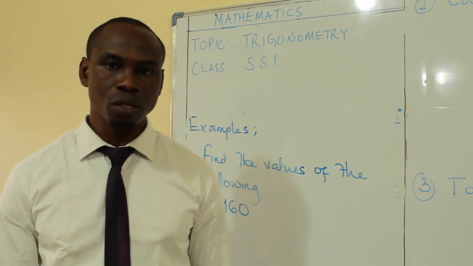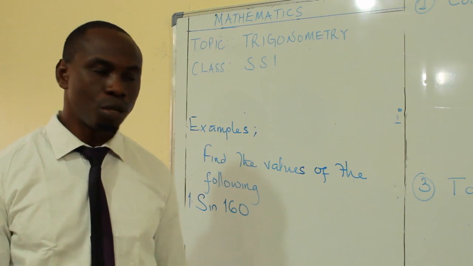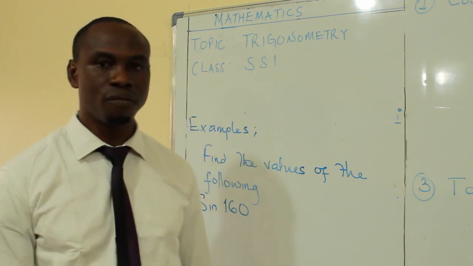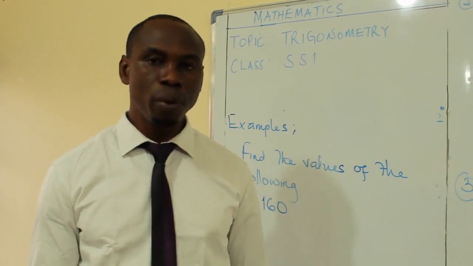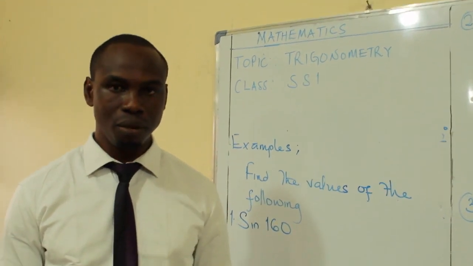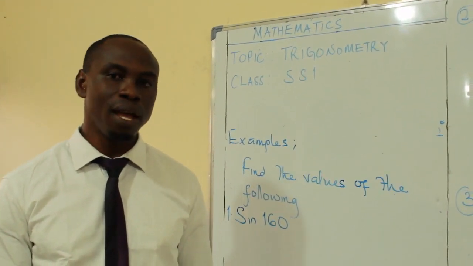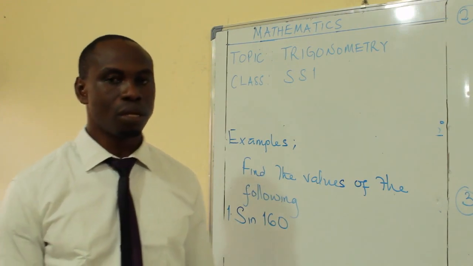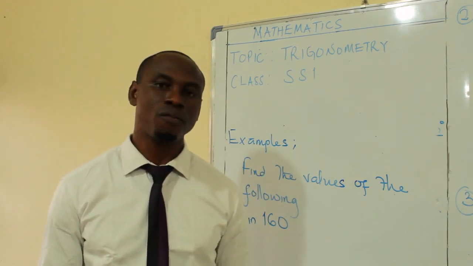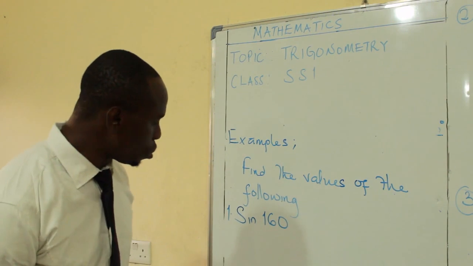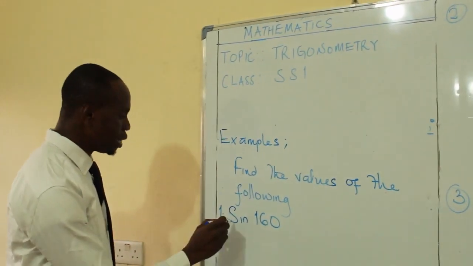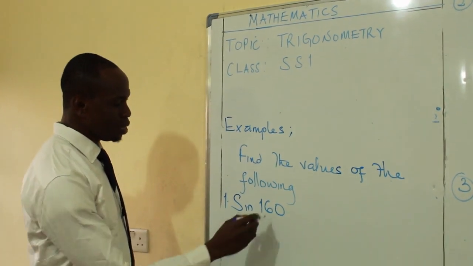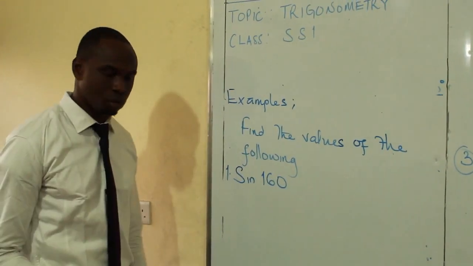But in the absence of a calculator, how do I find the value of sine 160 degrees, knowing that 160 degrees is way higher than the values that are given in a four-figure table. So two things I have to always look out for are the trigonometric identity and the angle in question.